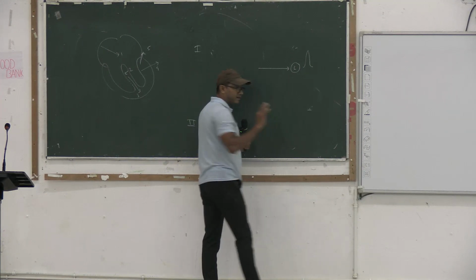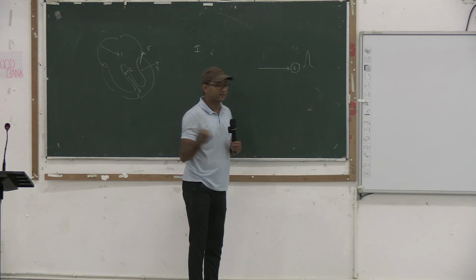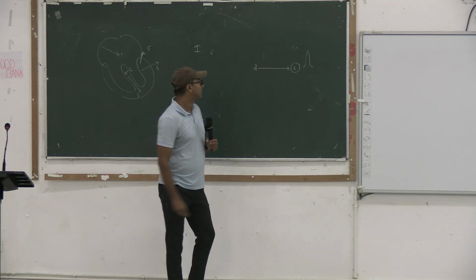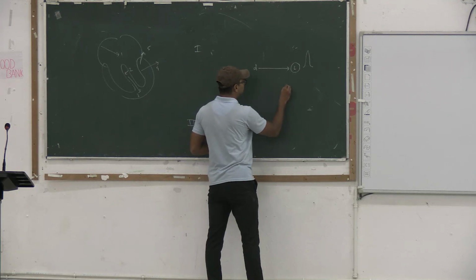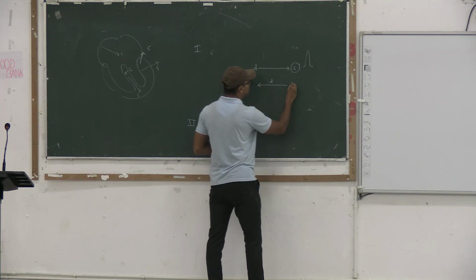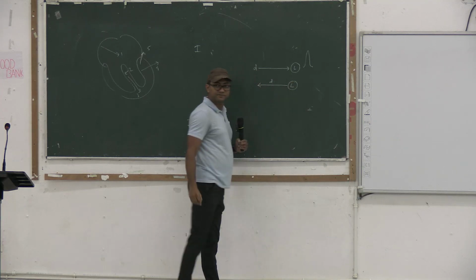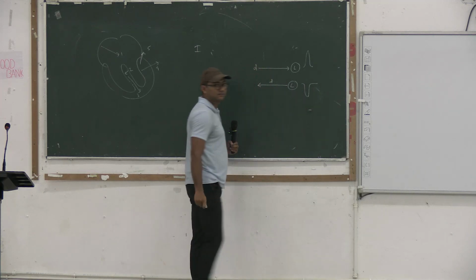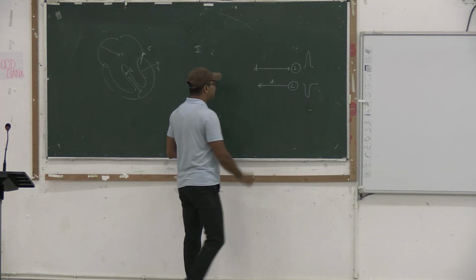If it is a depolarization vector, and if a depolarization vector moves away from the lead, it will give a negative deflection in an ECG, right?